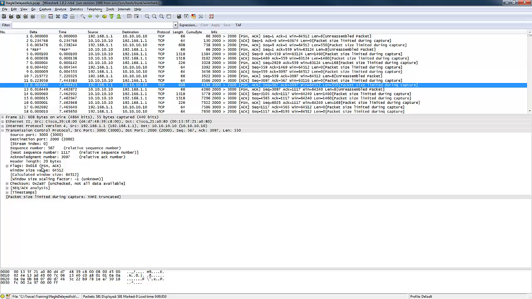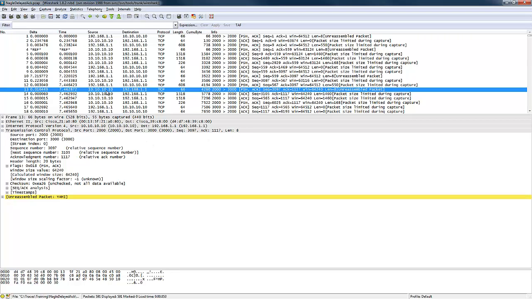There are no unacknowledged data on the wire, meaning all the data has been accounted for. There's also a push bit set, and even though it's a small packet, I can go ahead and send that out.